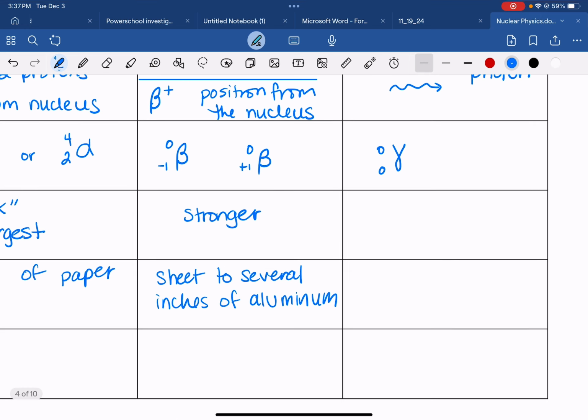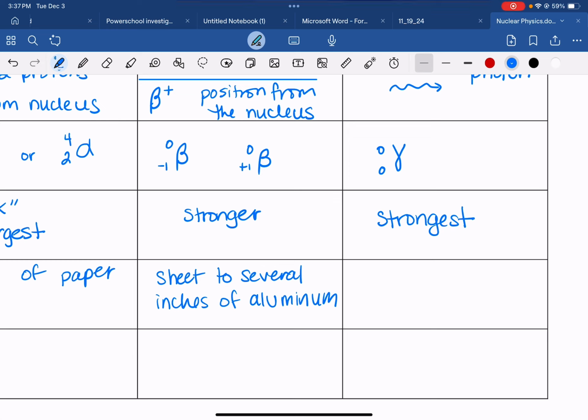And then gamma, this one holds the most energy. So I'm going to say that this is our strongest of all of them. And quite frankly, if you have a high dosage of that, that's where you're getting into a lot of your genetic mutation and some horrible, horrible things that can happen.